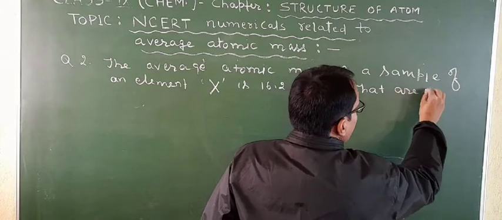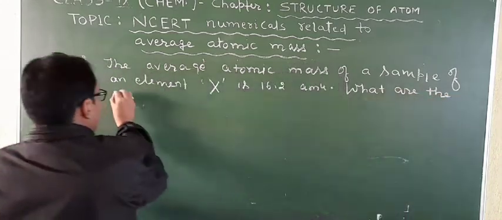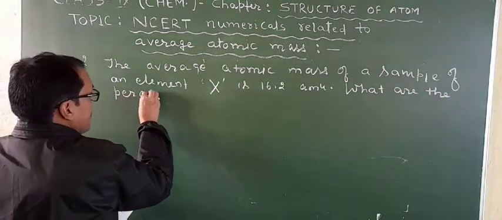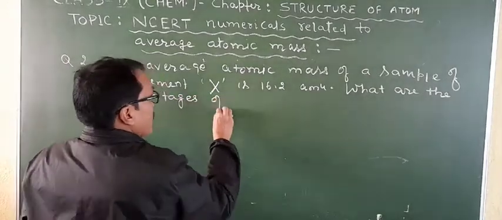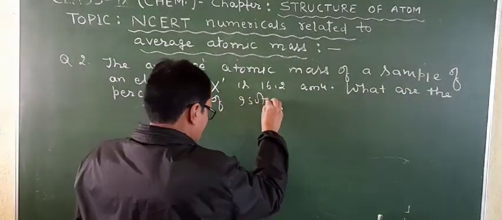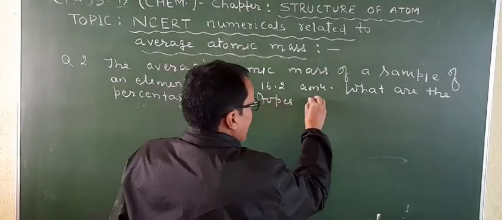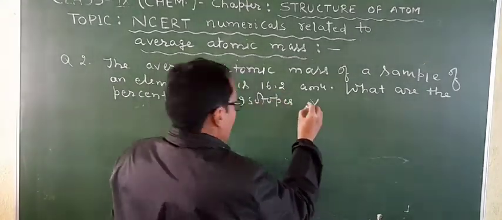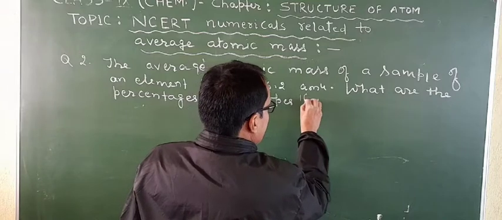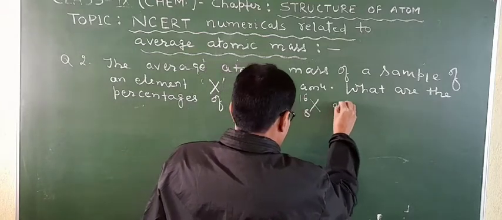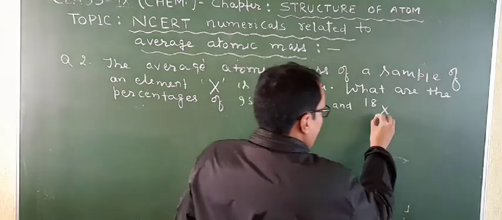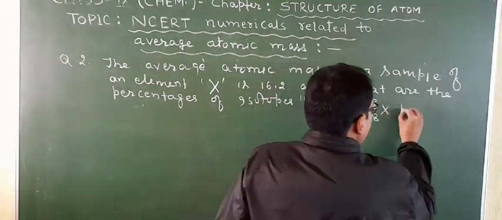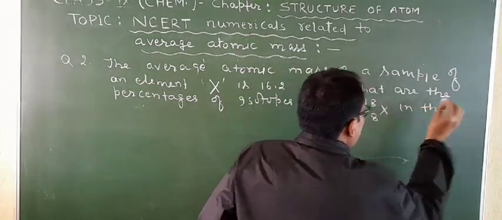What are the percentages of isotopes 16X8 and 18X8 in the sample?